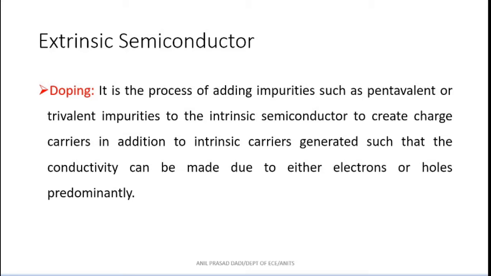In the metal, what are the charge carriers? Electrons. Until semiconductor came, all your applications were dependent on electrons as the charge carrier. And suddenly semiconductor has come, though it has got two charge particles, you are looking for getting the current out of only one type of charge carriers. Let it be electrons or let it be holes.